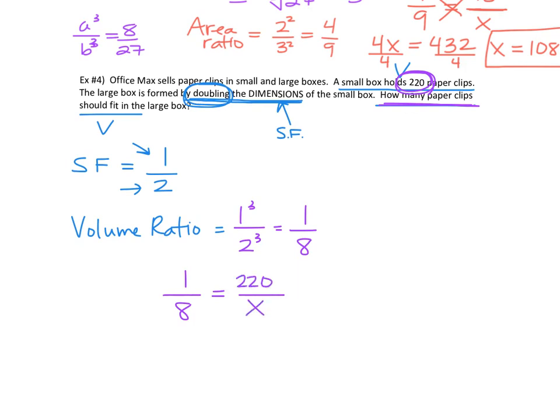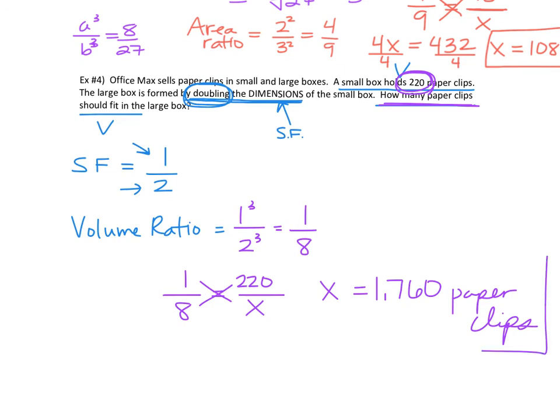And then x is the volume of the larger box, and we'll cross multiply that. So we get x equals 8 times 220, which is 1,760, and we were talking paper clips, in the large box.